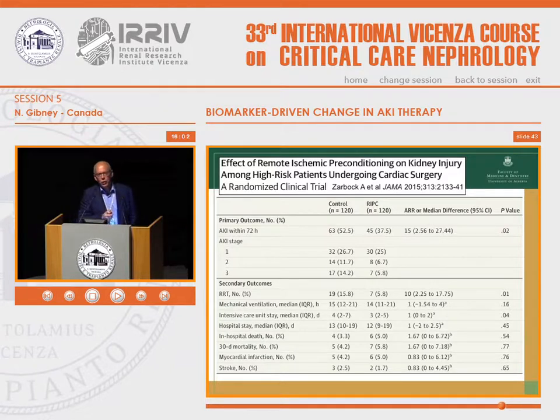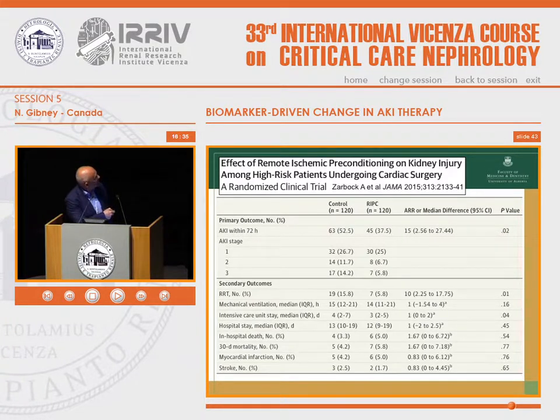In patients who we know are going to undergo a significantly stressful procedure, such as cardiac surgery or other major forms of surgery, such as aortic, remote preconditioning may actually set the kidney up to be more resilient to these injuries. In this particular cohort of patients undergoing cardiac surgery, they received preconditioning, 5 minutes with a sphygmomanometer on the arm over a number of occasions, and then went ahead with their cardiac surgery.